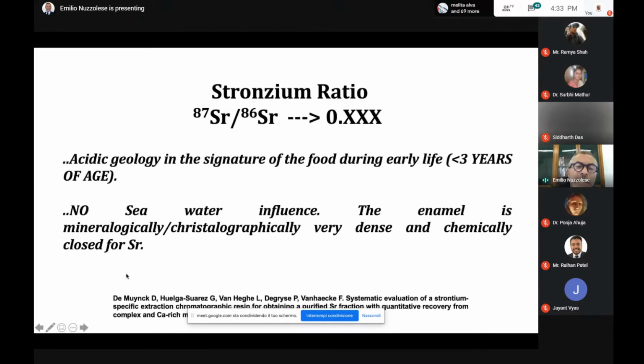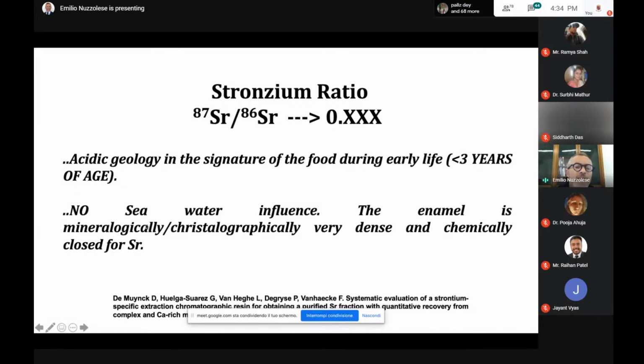Another interesting analysis of enamel is the analysis of the strontium ratio. Strontium is a mineral element which can be found in hard tissues, which means teeth and bones.